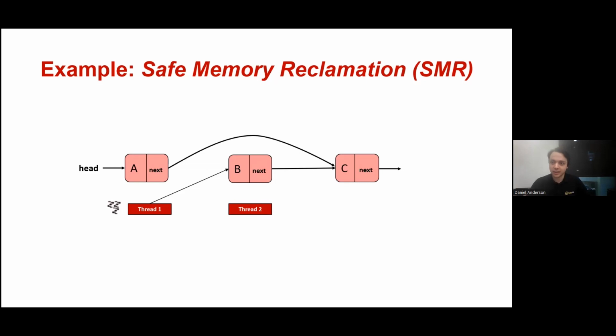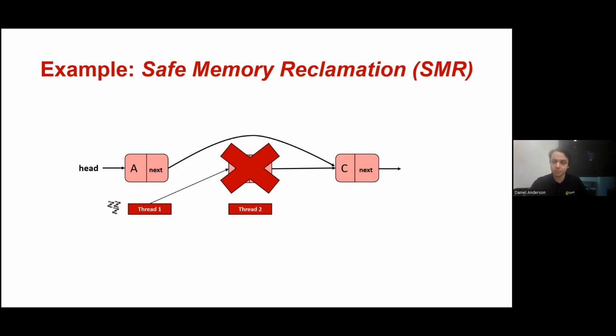So it does the standard algorithm for deleting from a linked list. It swings the next pointer of A over to C, the node which comes after B, and then deletes B. Okay, so B is deleted, the node is gone, and its memory is freed back to the operating system to do whatever it wants.